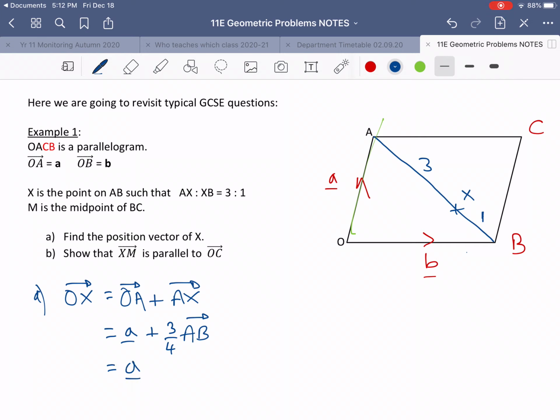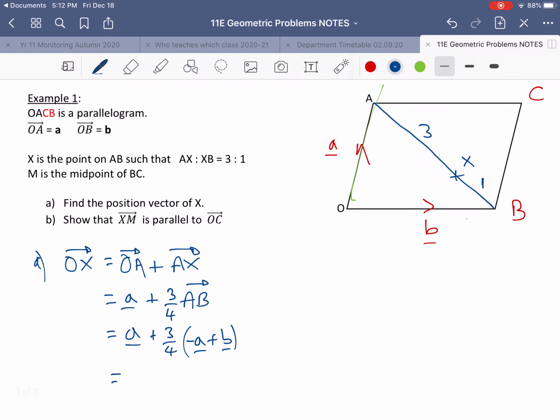So we still have an A. We have 3/4 of whatever A to B is. Now A to B, well, I don't know what it is, but I can go this way, and so that'd be minus A plus B. So instead of A to B, it is minus A plus B. And then I can just expand this out if I would like.